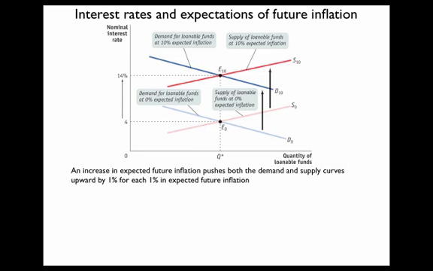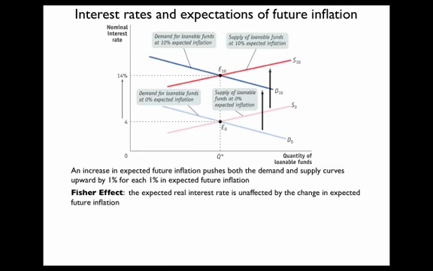So if you'll notice, start at the top left, demand for loanable funds at 10% expected inflation, all it's doing is accounting for that expectation of 10%. The Fisher effect is a phenomenon established by an economist back in the 1930s.